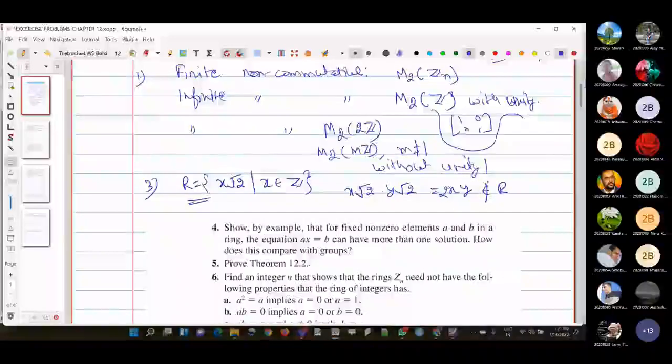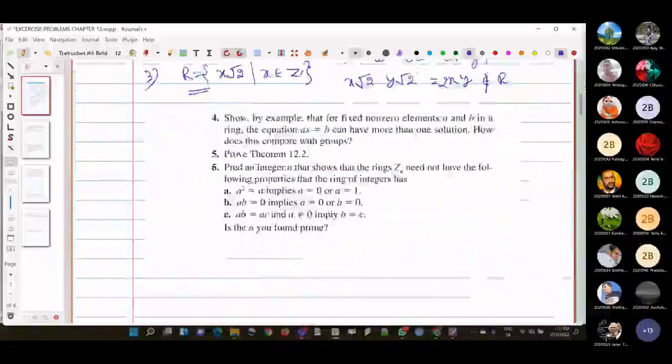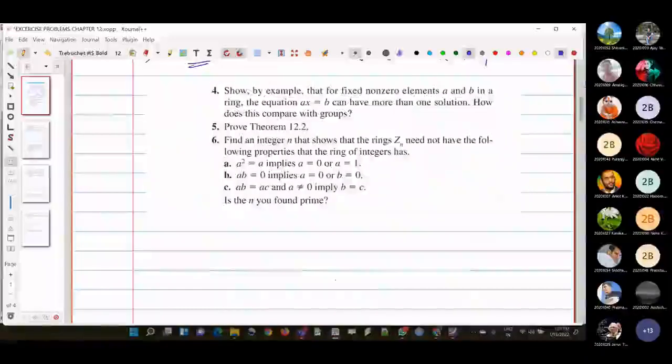So let us take another example. Let us take the next question. Question number 4. Show by example that for fixed non-zero elements a and b in a ring, the equation ax = b can have more than one solution.